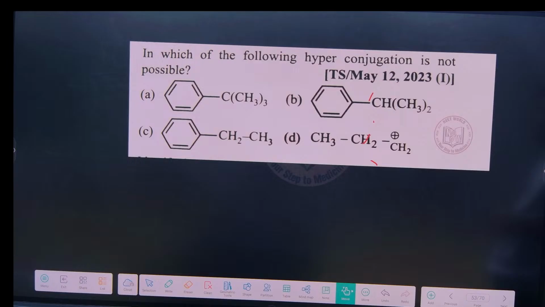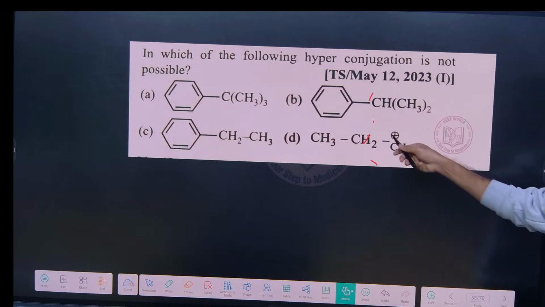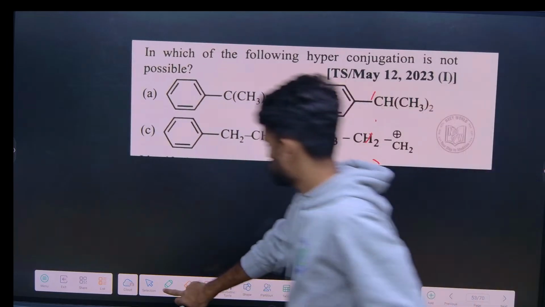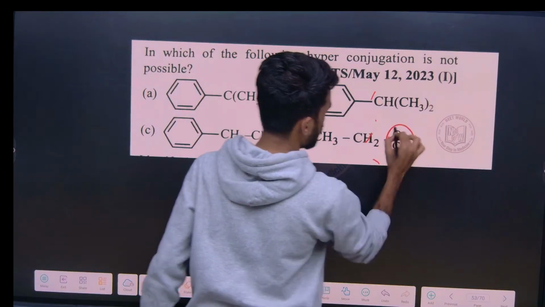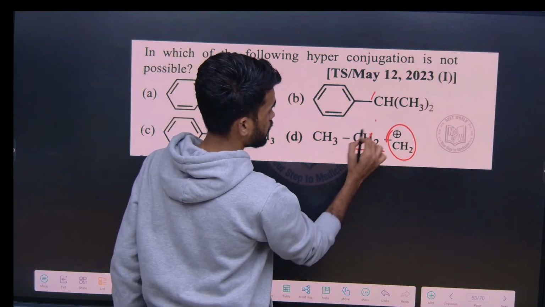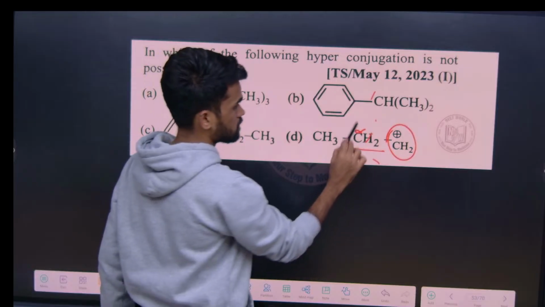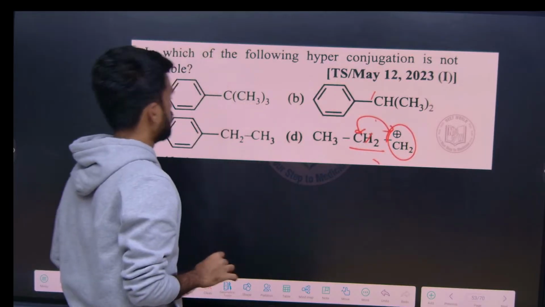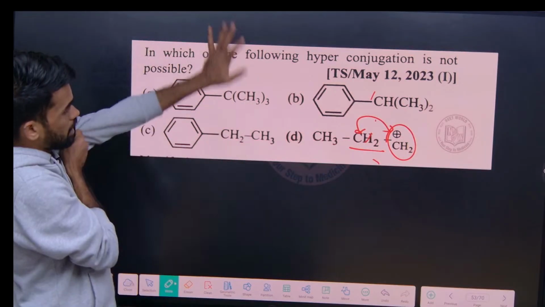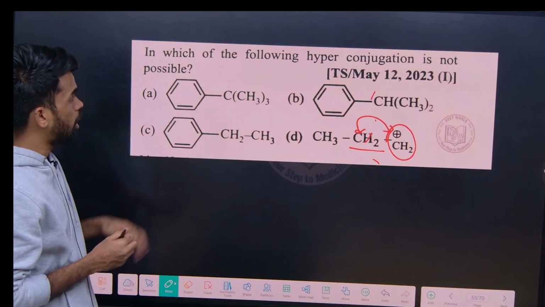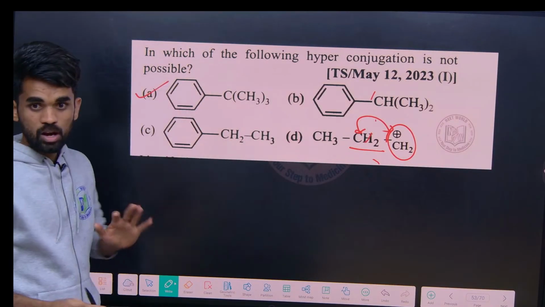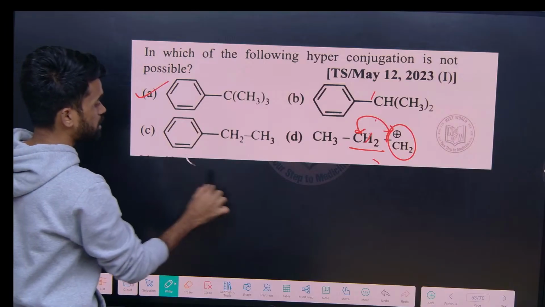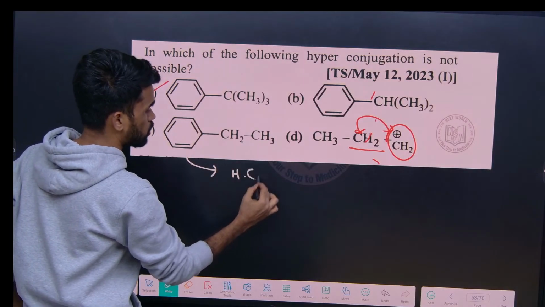See, positive charge is there. To that, are alpha hydrogens there or not? Yes, it can be possible. And in the other options, if you observe, option A will be your answer for the question. See, alkyl benzenes are also stabilized by hyperconjugation.